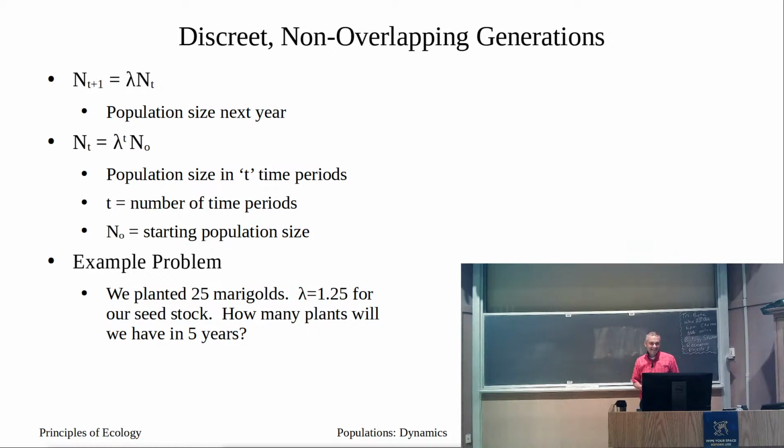It's an annual flower, so it's going to flower, set seed, and die. So we planted 25 marigolds. Lambda is 1.25 for our seed stock. The question is, how many plants will we have in 5 years? What I'm going to do is work through this problem and show you how we do it.